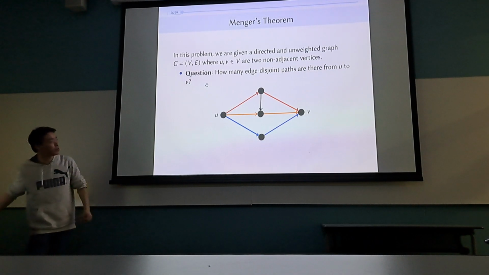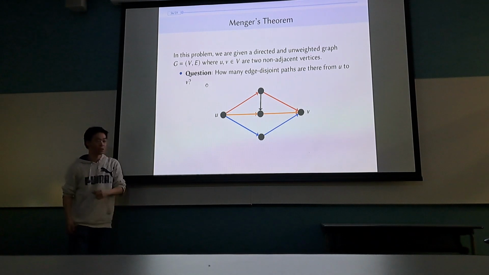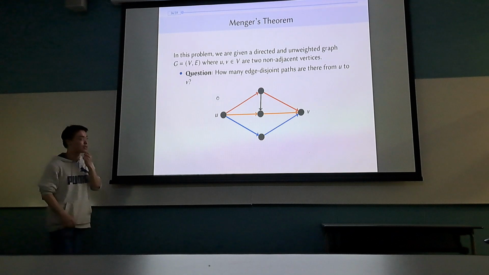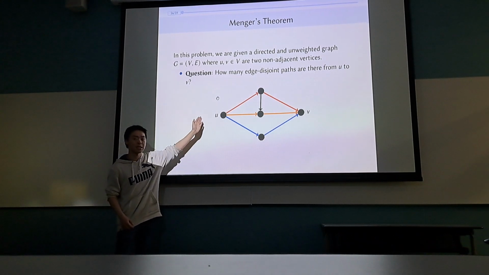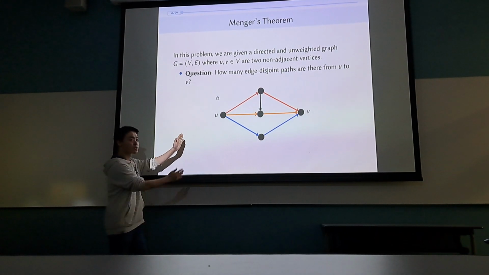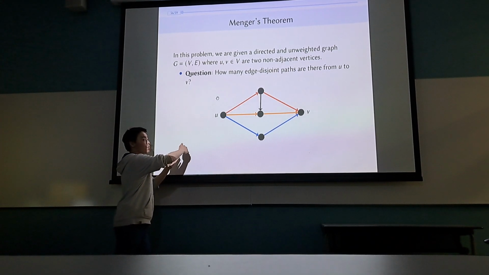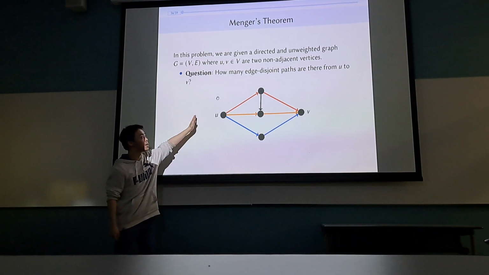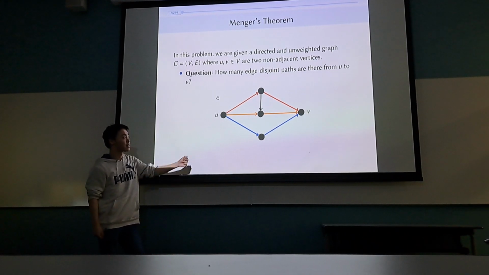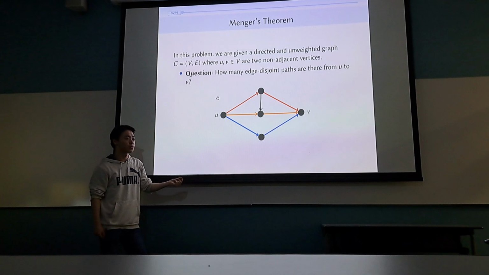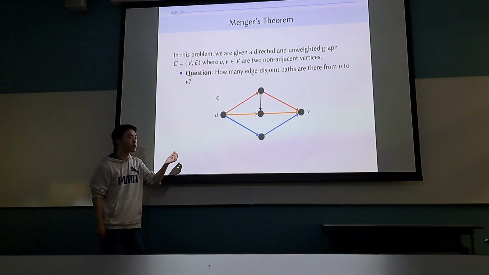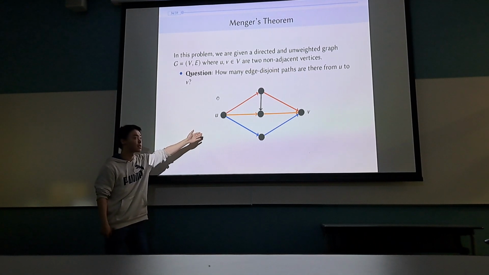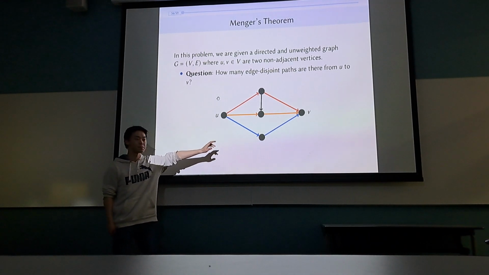So if we have a look at this graph here, what do we notice? Another way to think about this is each of the paths that I take has to correspond to some sort of UV path from U to V. And if I want to find the number of edge disjoint paths, then what that corresponds to is the minimum number of edges I have to cut so that U and V are completely separated, right?